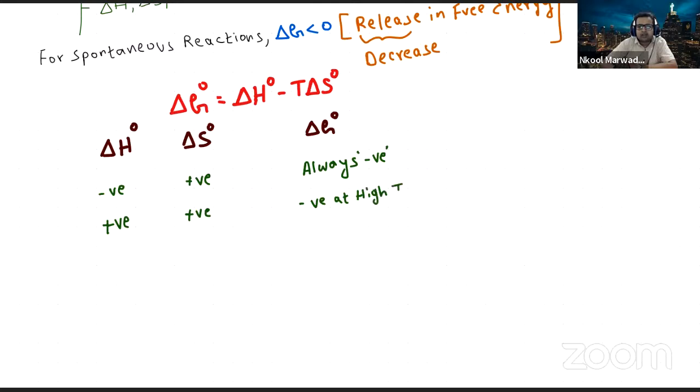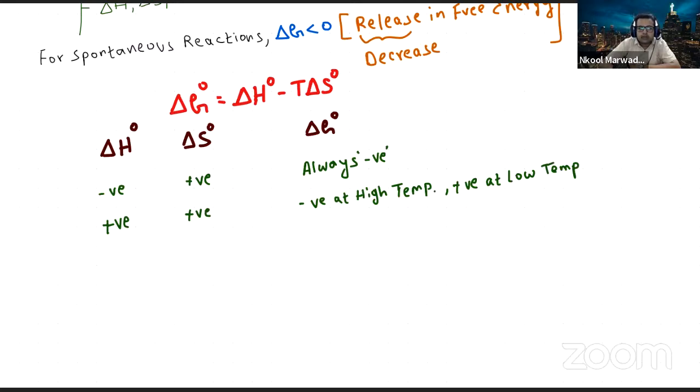It means that an endothermic reaction at extremely high temperature becomes spontaneous. And delta G is positive at low temperature.